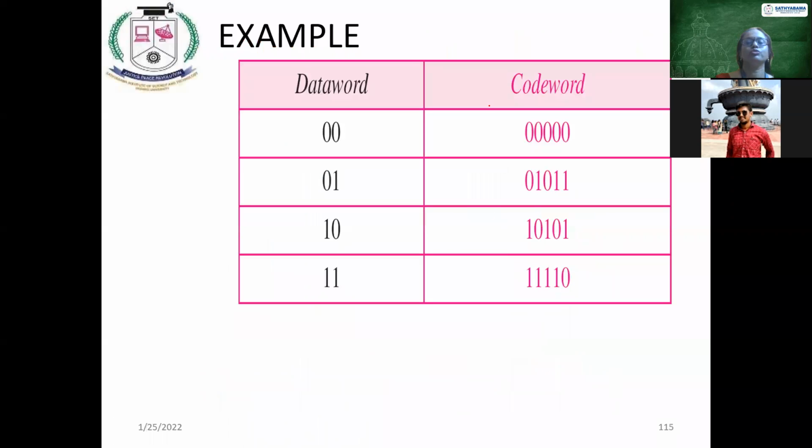Now in this case, my data word is 0 0, and I am generating the code word. How many redundancy bits are added in this case?